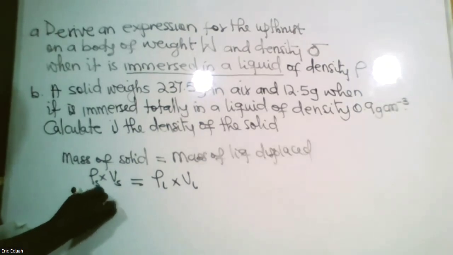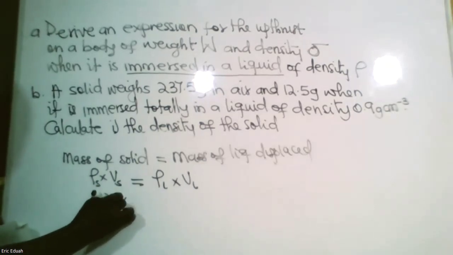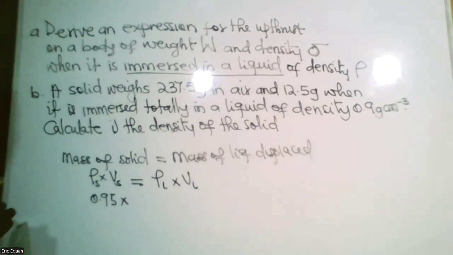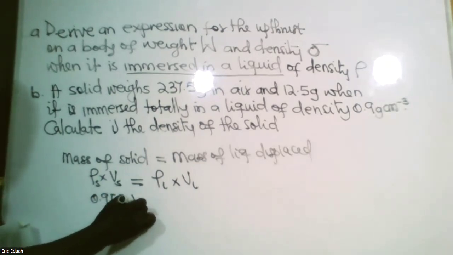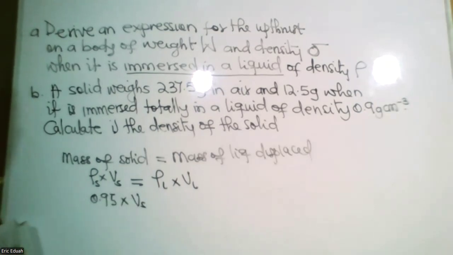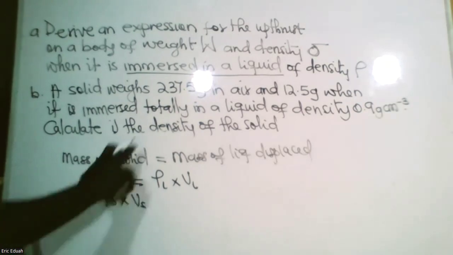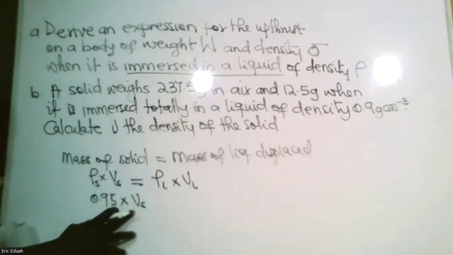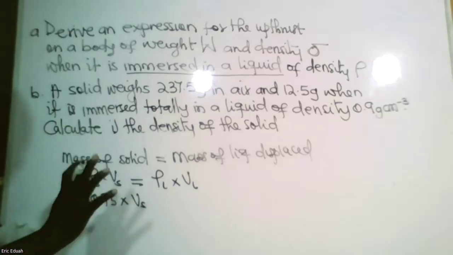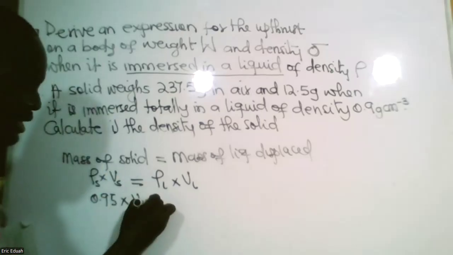So 0.95 times volume of the solid. We can find it once we have the density and its mass, but we are maintaining it for a reason.